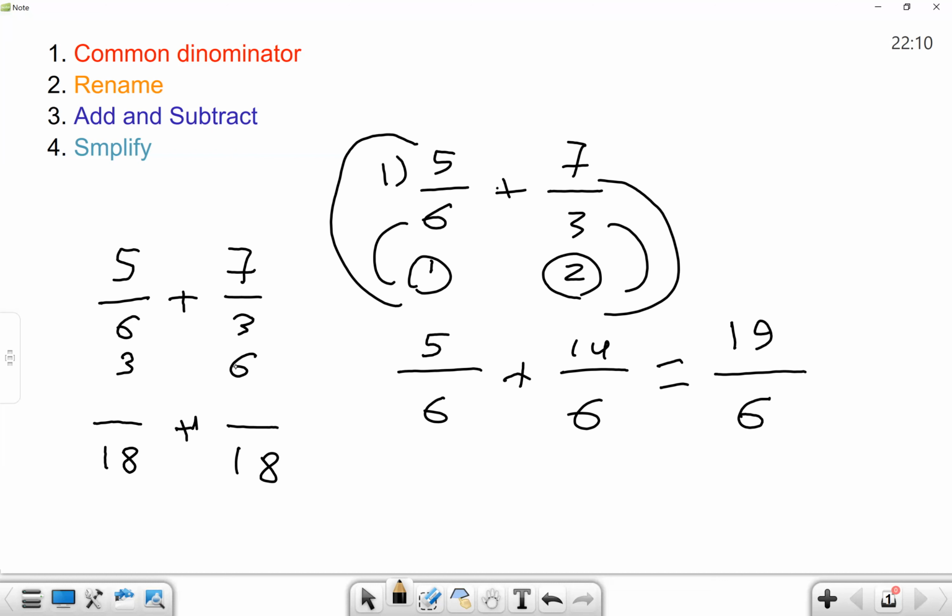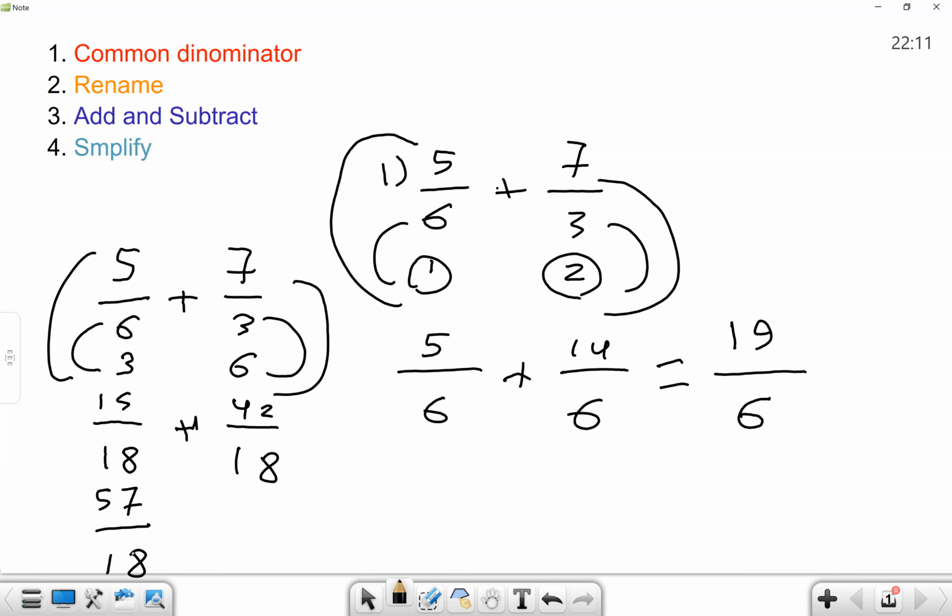When you find the same denominator, rename also means how to get 18 for both denominators. 3 times 6, 18. 6 times 3, 18. And then for numerators, 3 times 5, 15. 6 times 7, 42. And the answer is 15 plus 42 is 57 over 18.